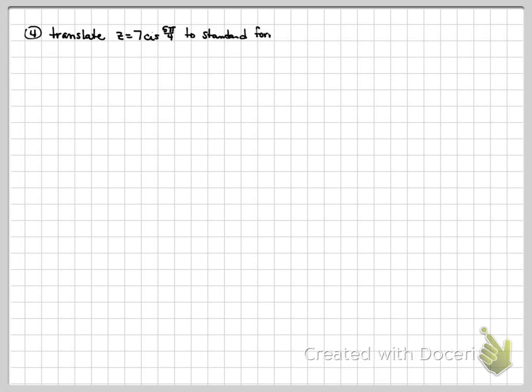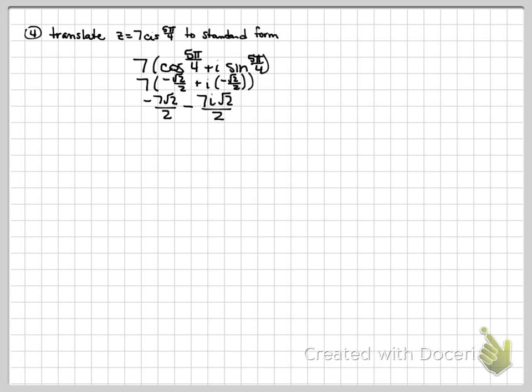Okay. Pause your video and work out the problem and see if you match me. Okay, if you expanded it out and then simplified, you should have ended up with what I got. Negative 7 root 2 over 2 minus 7i root 2 over 2.